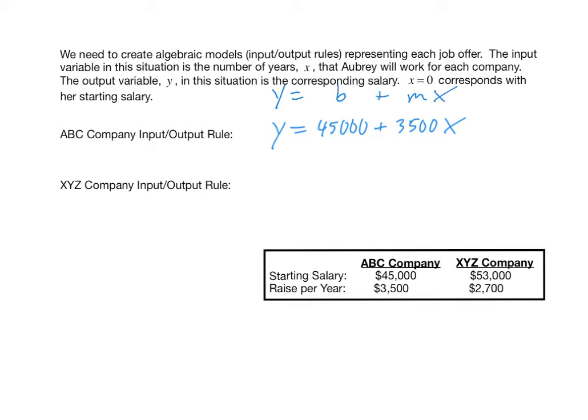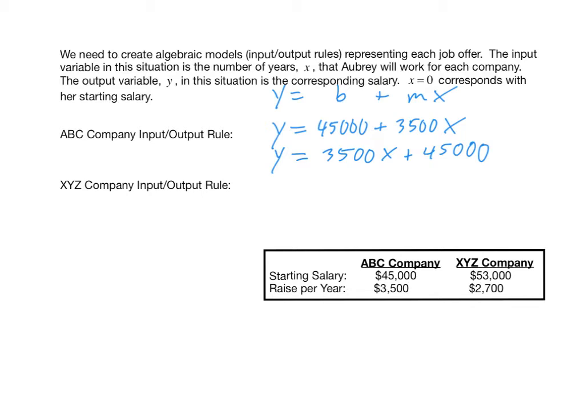And if you're not comfortable with having it written as b plus mx, you could rewrite the equation as y equals 3,500x plus 45,000. This equation right here tells us the relationship between the number of years Aubrey's been working at the ABC company and her corresponding salary that year.